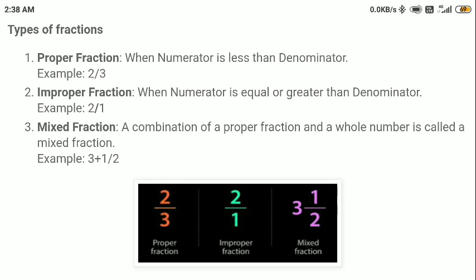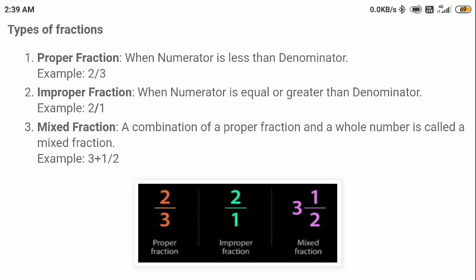So when the numerator is less than the denominator, that means when the upper part is less than the lower part in the fraction, then it is a proper fraction. For example, 2 by 3. Here we are saying 2 parts out of 3. It is a proper fraction because the numerator is 2 and the denominator is 3, and our numerator is less than the denominator.